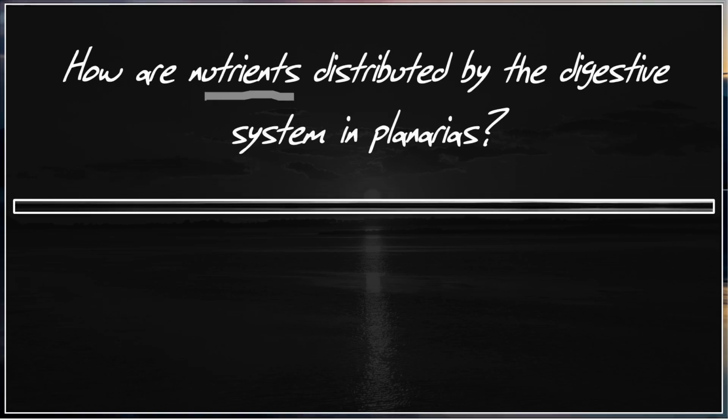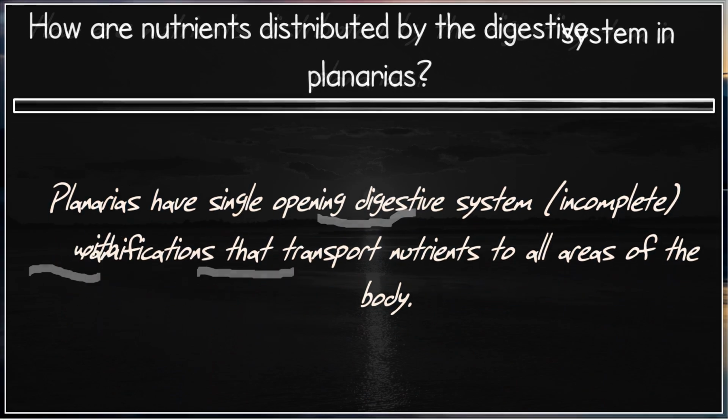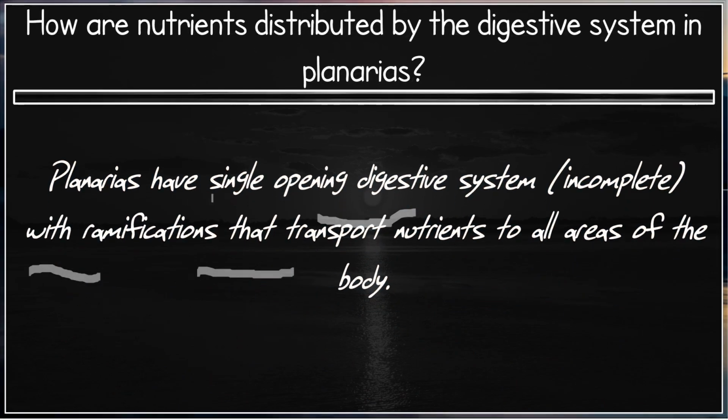How are nutrients distributed by the digestive system in planarias? Planarias have a single opening digestive system, which is incomplete, with ramification that transports nutrients to all areas of the body.